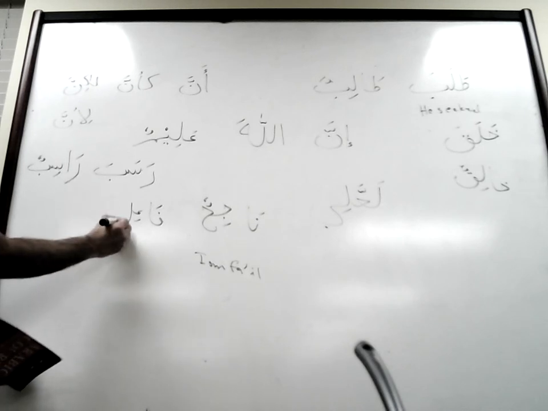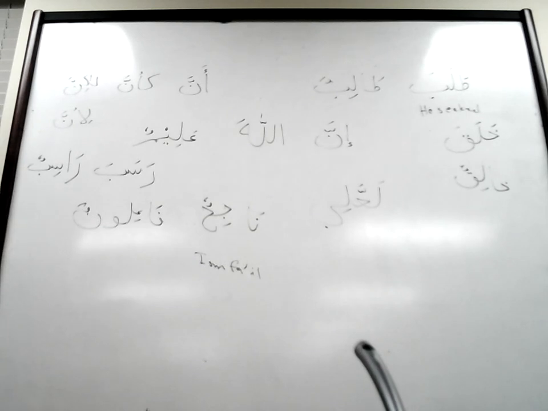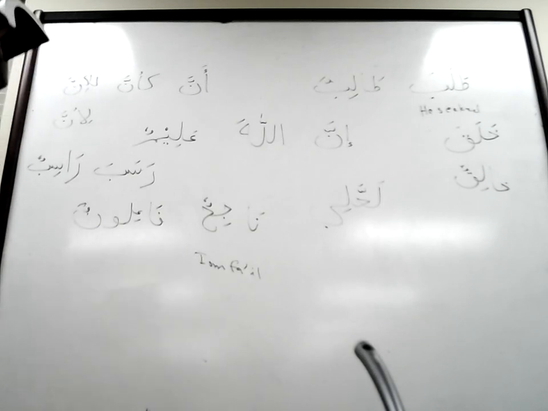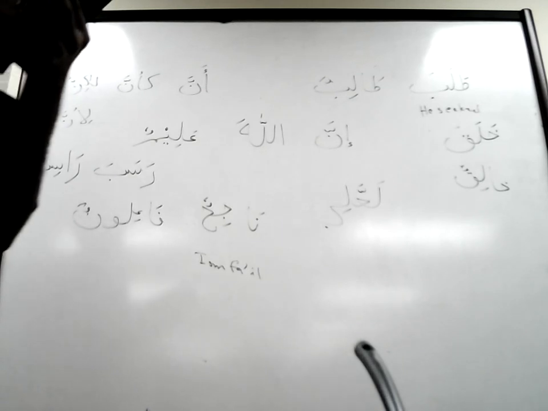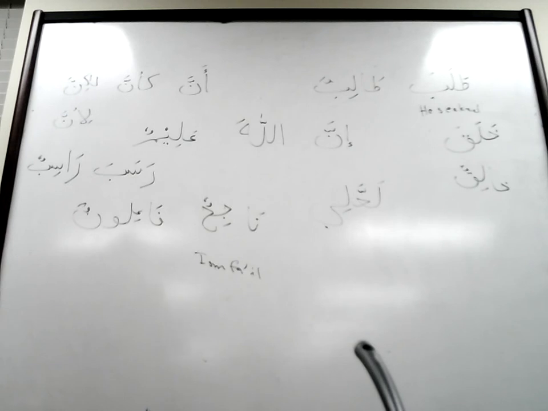This is the simplest way to make something plural. Najihun is from najih. So how do you say I hope we are successful? لعلنا ناجحون. So I hope that we are successful.